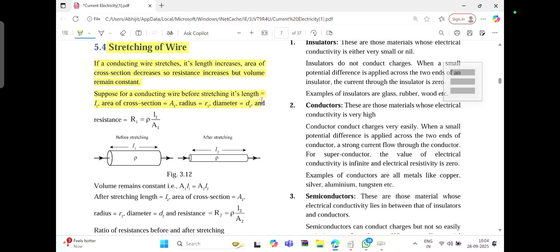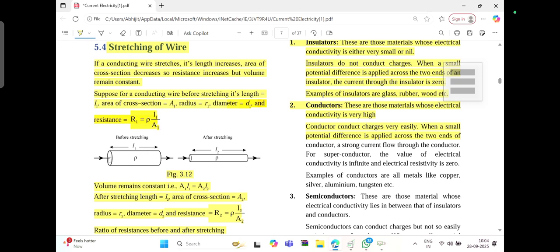Suppose for a conducting wire, before stretching its length is L1, area of cross section A1, radius R1, diameter D1, and resistance R1 is equals to rho L1 by A1.